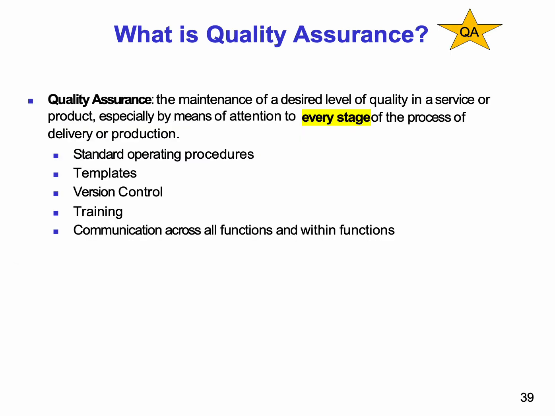Now, what is quality assurance? This is the maintenance of a desired level of quality in a service or product, especially by means of attention to every stage in the process of delivery or production. What they do is write standard operating procedures.